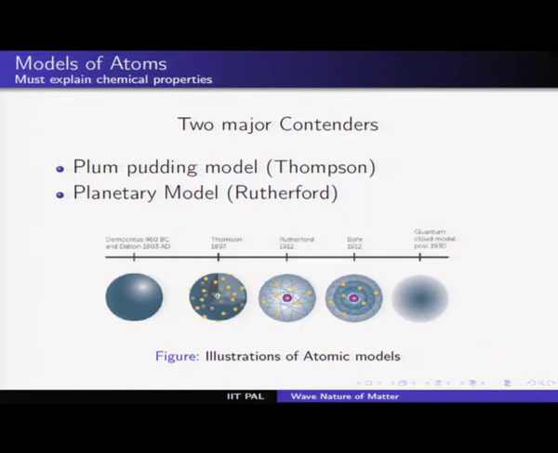As I told you, this picture cannot be taken completely literally, because if you have a positive distribution of charge of this particular kind and the negative electrons which are sitting there, we have to ask a number of questions. For example, what holds the positive distribution of charge together? Why does the charge not fly away? That is an important question.